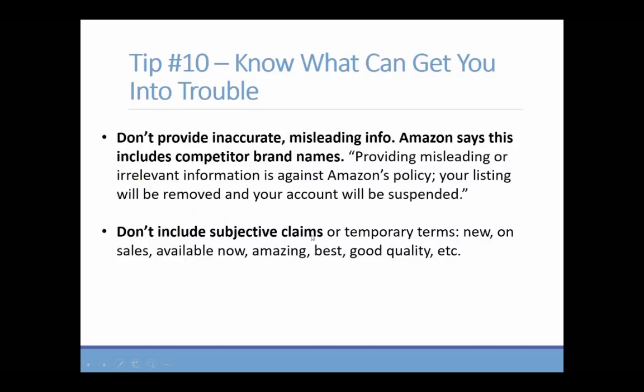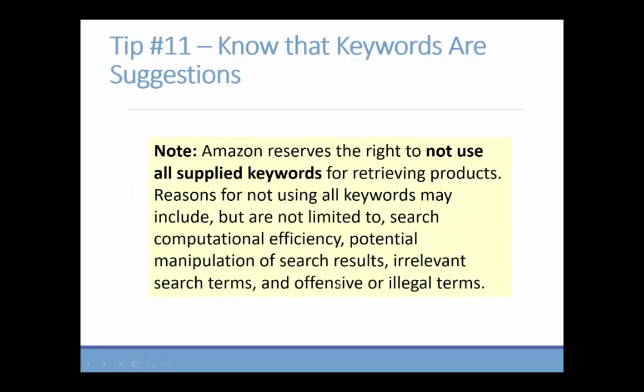Don't use subjective claims or temporary terms. Amazon says that includes new, on sale, available now, amazing, best, good quality, and other terms such as those. So if you have those in your generic keywords currently, you want to take those out.